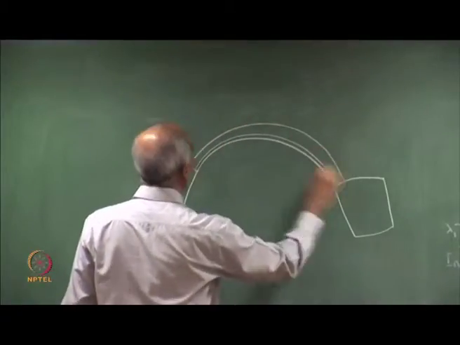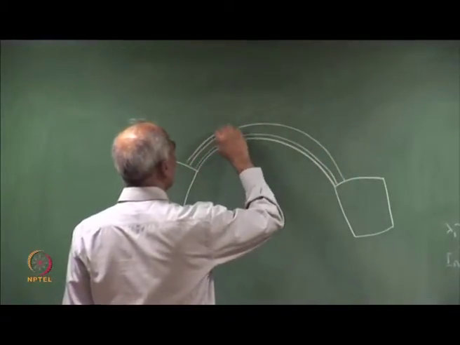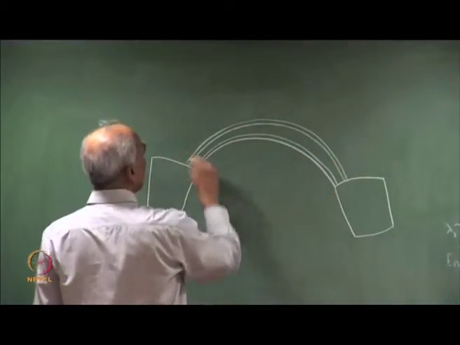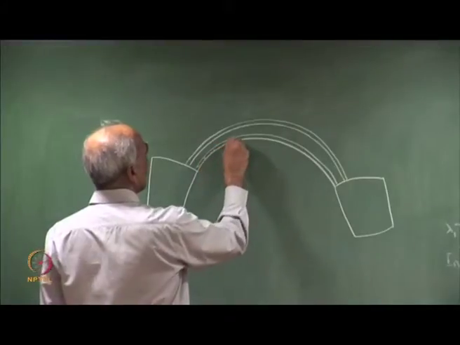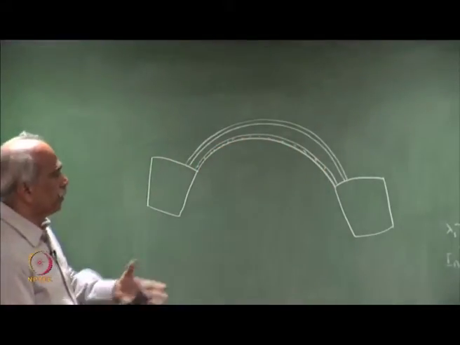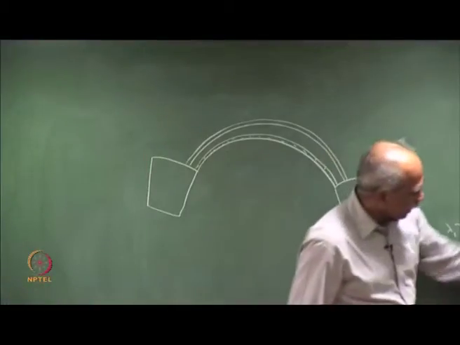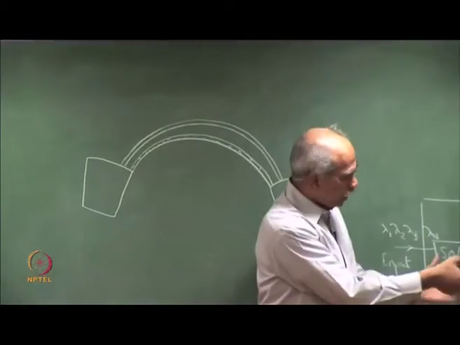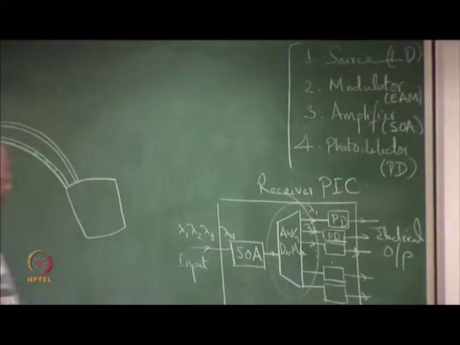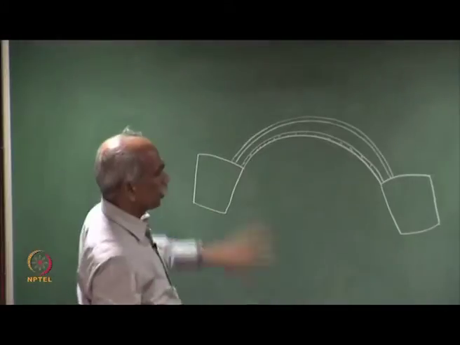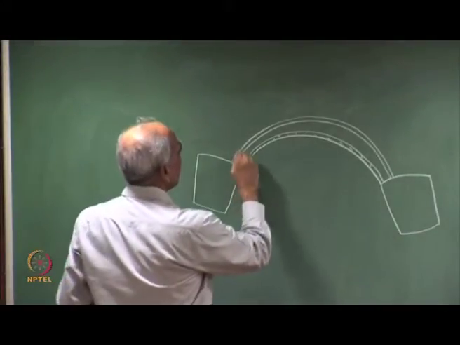I am showing only a few of them. In practice, the number of waveguides is large. So, these are the waveguides. What we see is the top view of a chip. In all the diagrams that I have drawn here, what we have seen is the top view. So, it is looking from the top. The chip is here, and what we are seeing is the top view of a chip.